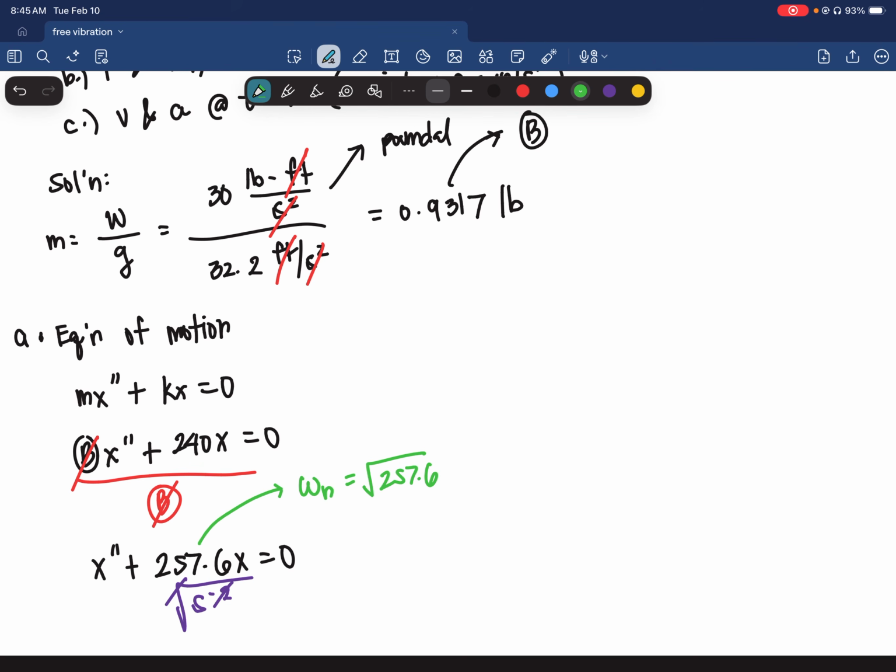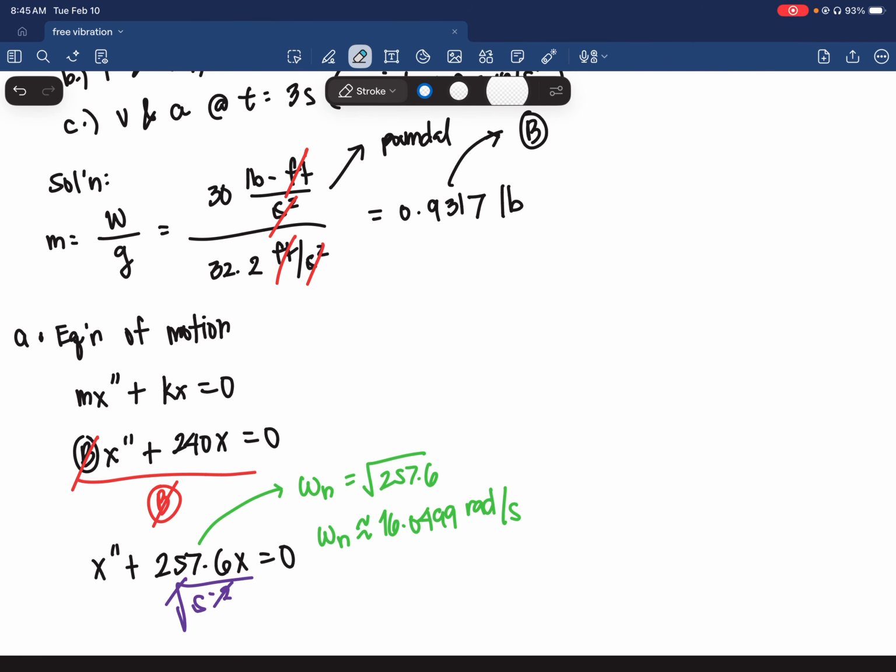We end up with approximately, rounding off again to 4 decimal places but storing the whole value, 16.0499 rad per second, since its unit is 1 over s. We store it in C. And for part A, this is our equation of motion.